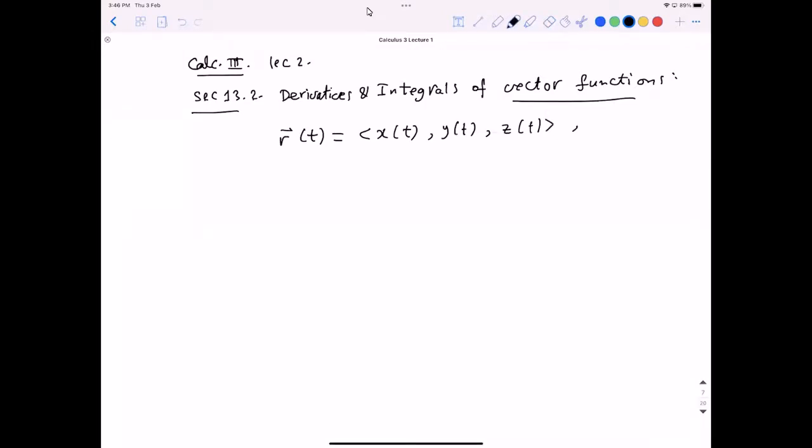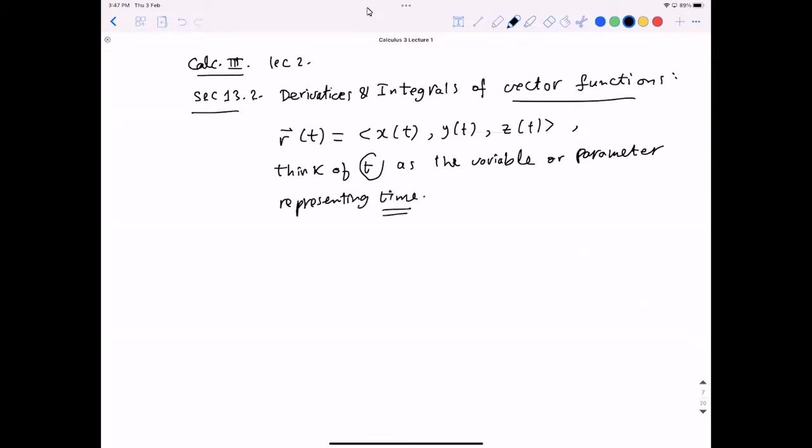Think of t as a variable or parameter representing time, which is the independent variable of all of our life. If t represents the time, then r of t is what?